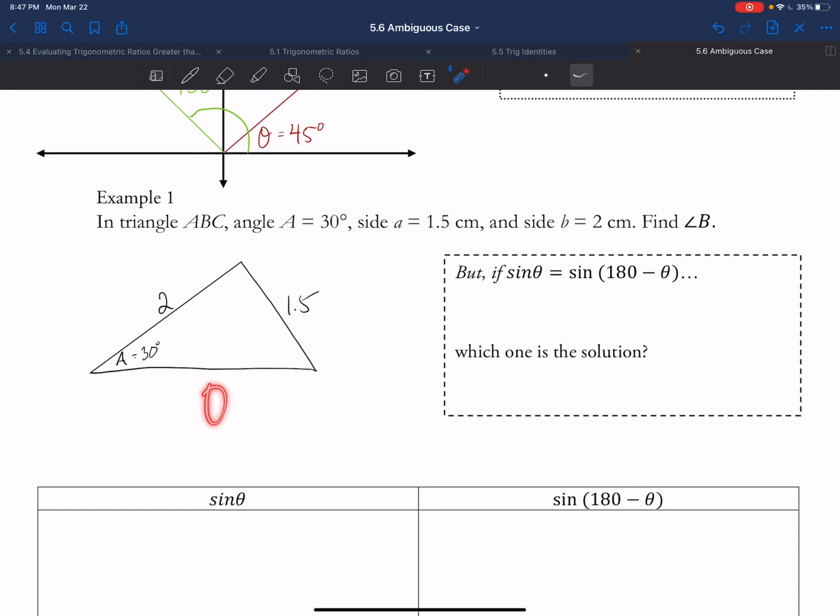I could have put it down here. This would be angle B. So we'll say that's angle C and side C.